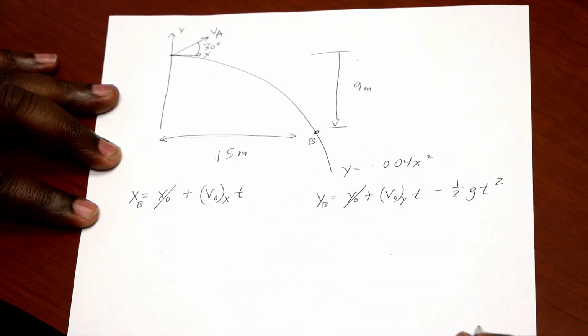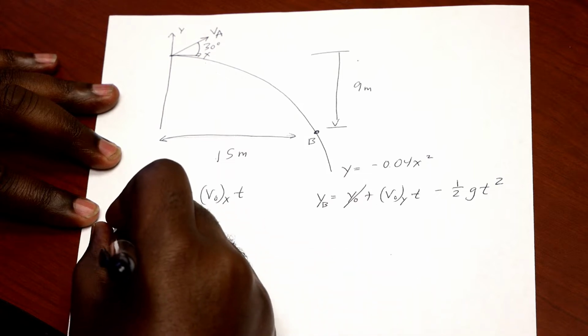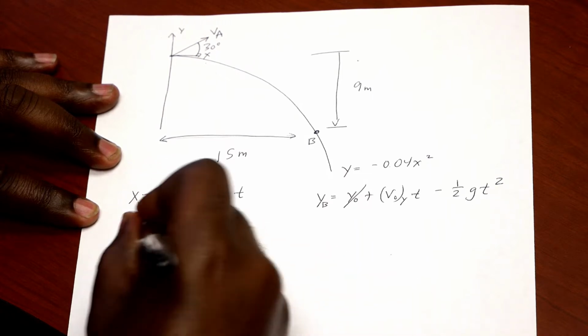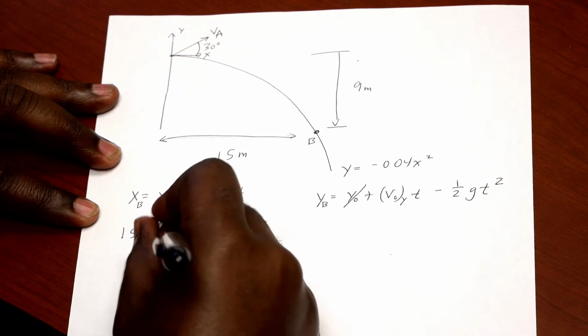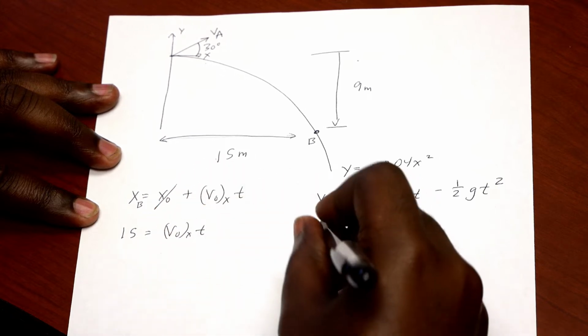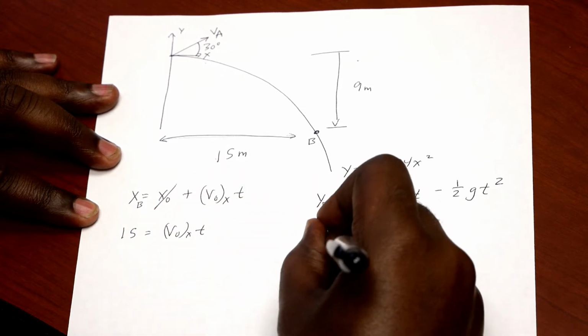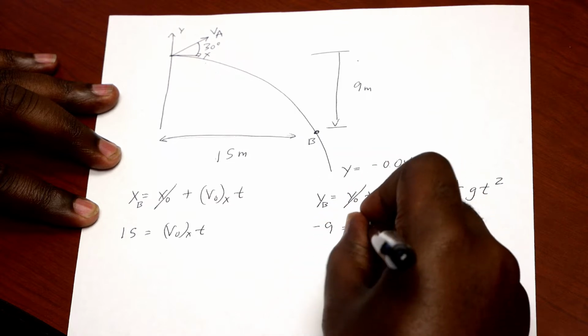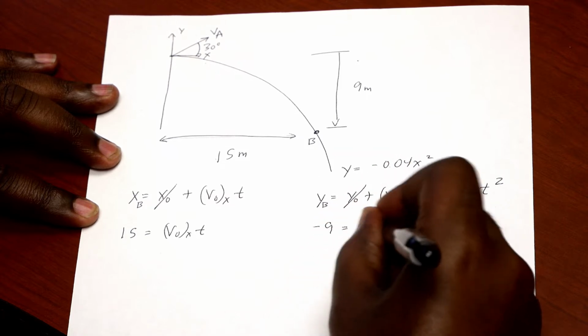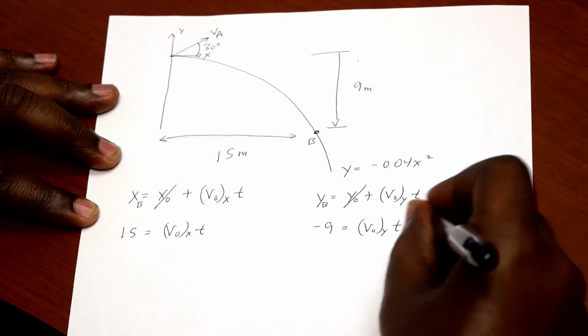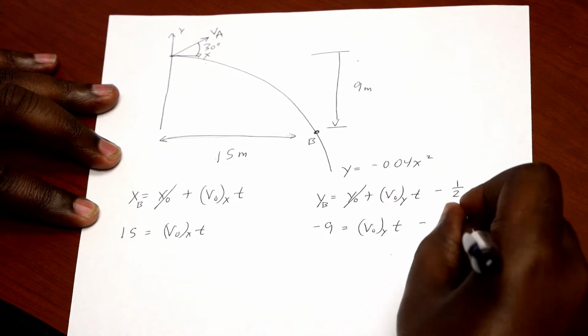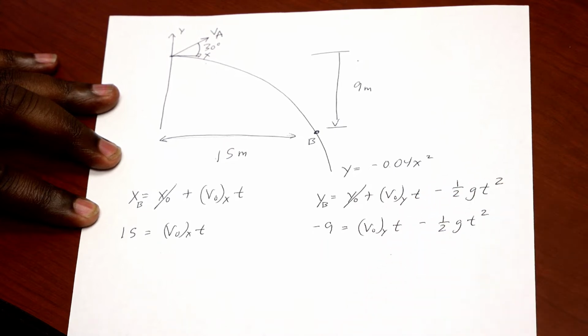So once we know those values, we can plug them in and begin to solve. So we see that xB is 15. So 15 equals v naught in the x direction times t. And then negative 9 is equal to v naught in the y direction times t minus 1/2 g t squared.